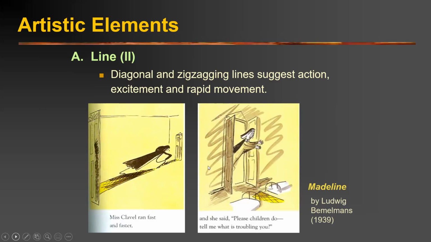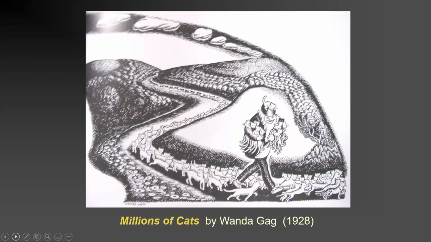And then diagonal lines, zigzagging lines suggest excitement. So these are the artistic elements of picture storybooks.